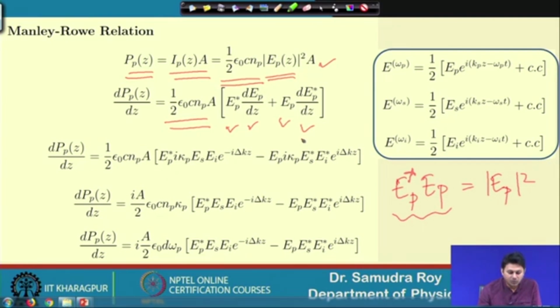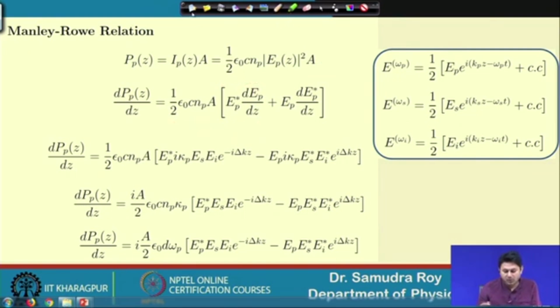Once we have these two terms, the next thing is that we are going to replace these quantities.